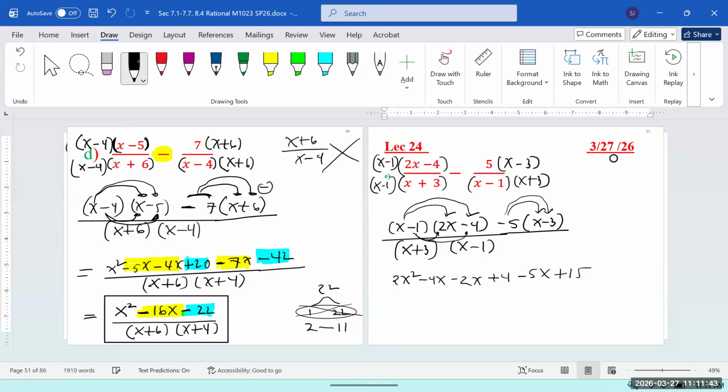Good. So instead of distributing on the top, if you rewrite and distribute, you can work with the negative easily. And do not distribute the denominator unless you have a multiple choice that has a denominator in distributed form.